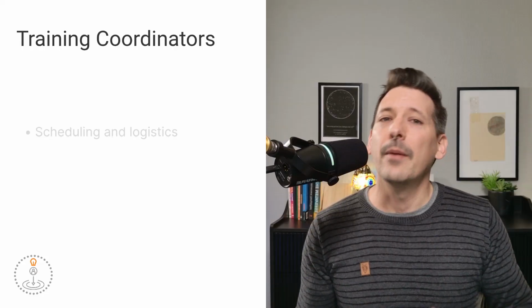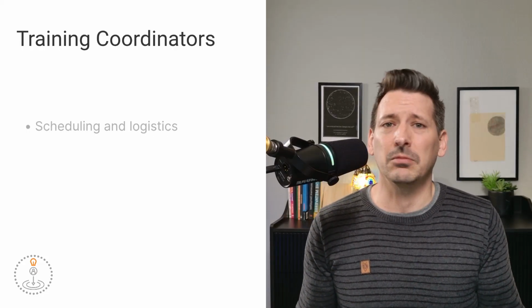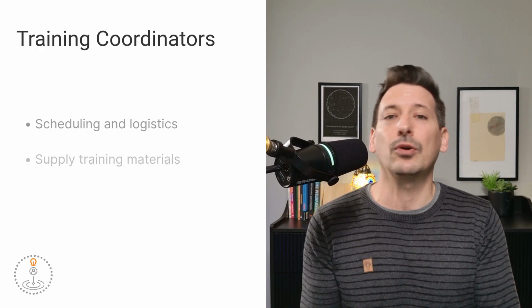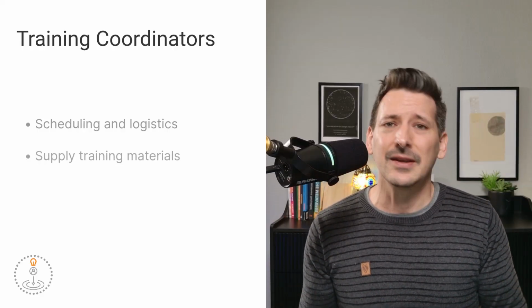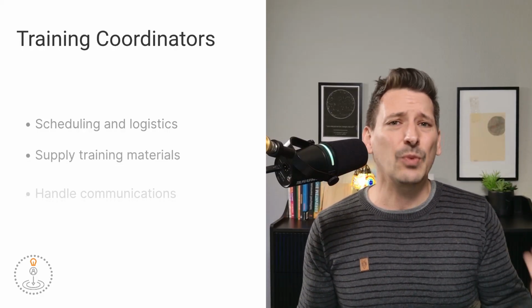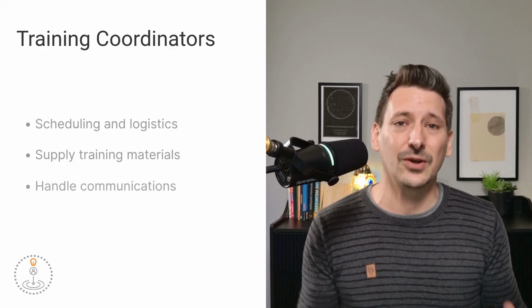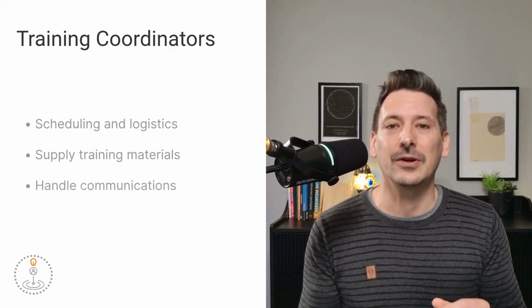Next, you've got the training coordinators. These are the folks that manage the scheduling and general logistics for the entire training team. Things like making sure that your room is booked for an upcoming training, making sure that the training rooms are supplied with appropriate technology and materials. Think things like overheads, whiteboards, markers, stationery, and so on. They are the backbone of the team.